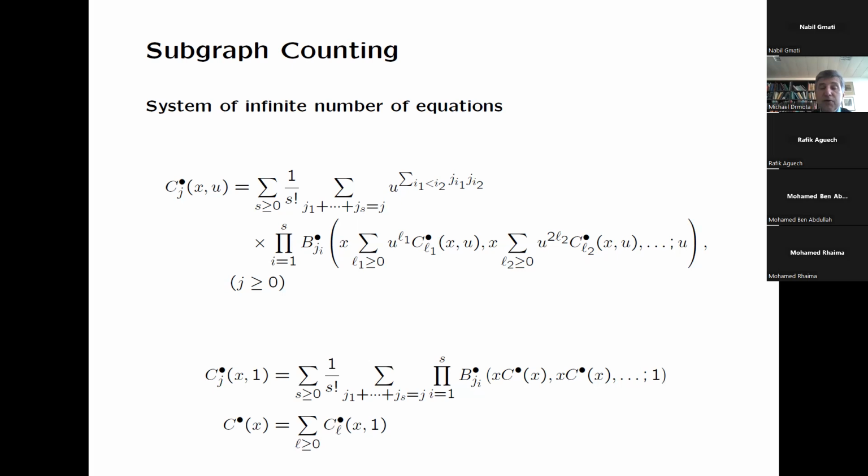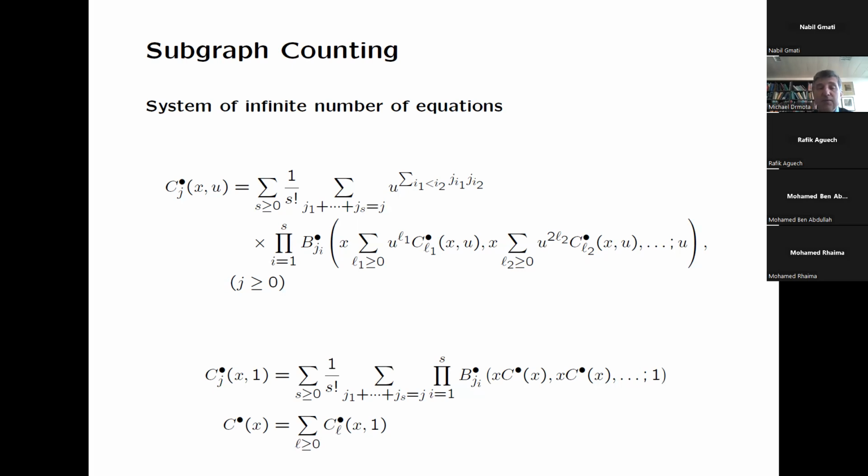So the only difficult part here is to reformulate our counting problem, the number of occurrences of a given subgraph, and translate this into a proper generating function, or as in this case, to a system of functional equations for this generating function.